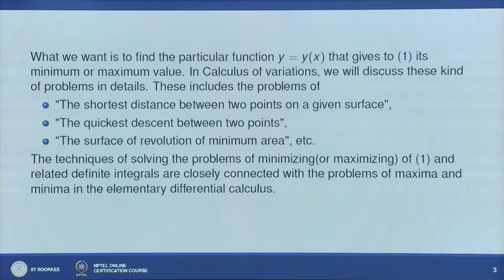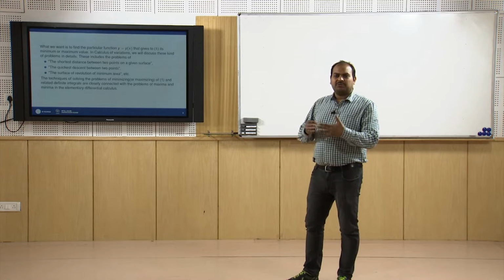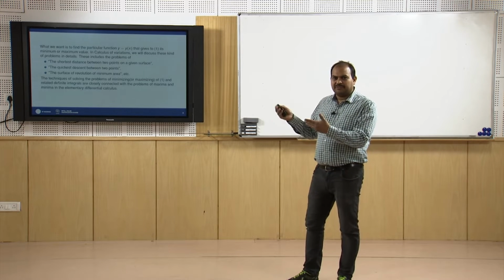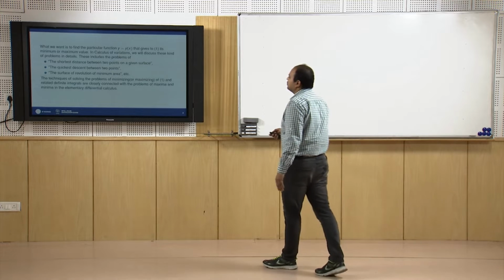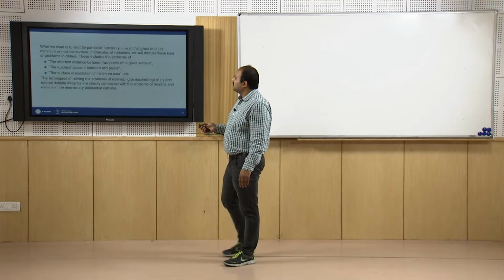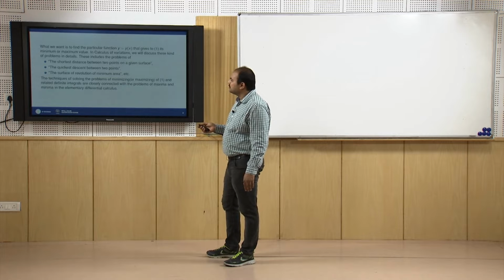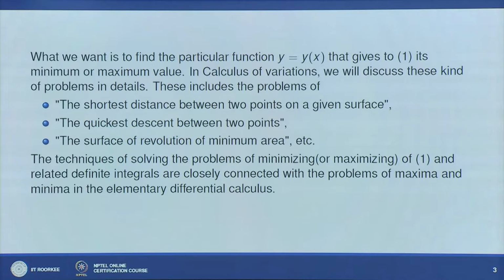So in calculus of variation we try to consider problems which can be transferred into this kind of definite integrals. Some of these are problems of shortest distance between 2 points on a given surface.